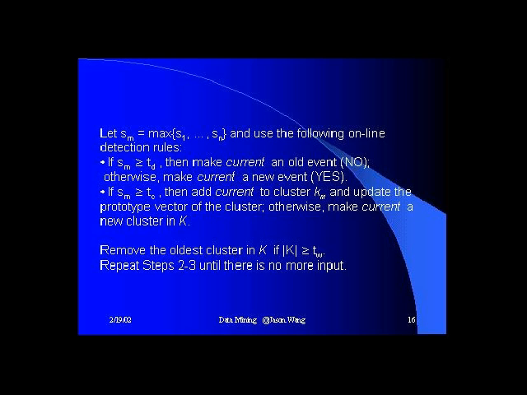If the similarity is greater than or equal to the threshold TD, then we know that the current story is actually relevant to that particular cluster, and also to the event associated with that cluster, and therefore this story is an old event.